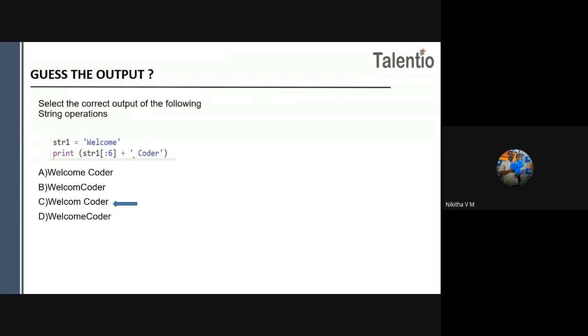That's the reason space is also taken. Someone is still saying B. It's not B. It's option C only.